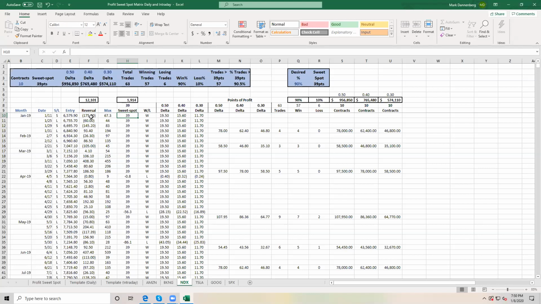Then you take a look at what your sweet spot is based on your own desired percentage target, and you look at what your delta is of the option that you opened, and you set your good till canceled order to close and then there's nothing else for you to do that day. If your good till canceled order is triggered, you'll be out, and the next day you can take action.